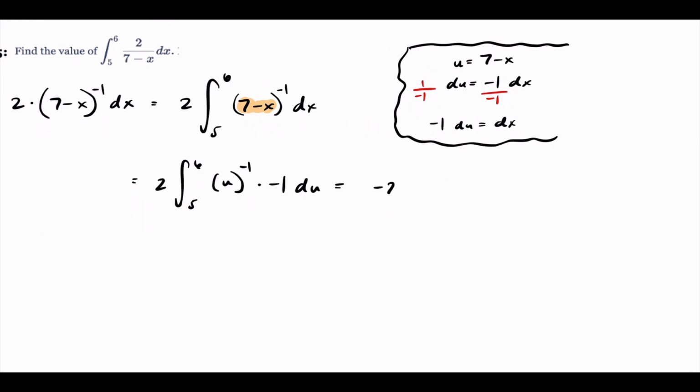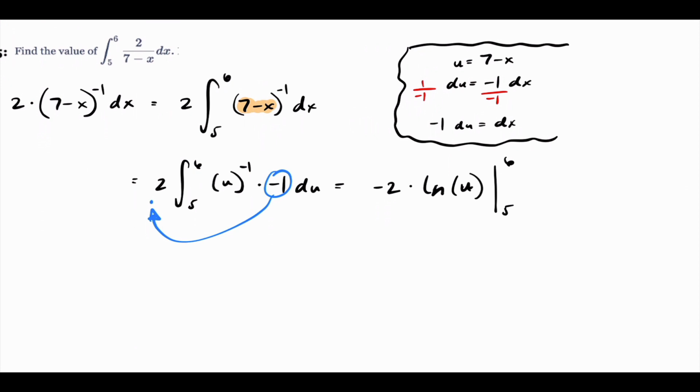So I got negative 2 times the natural log of u, and I have to evaluate that now from 6 to 5, because the negative 1 moved in front. Then multiply.